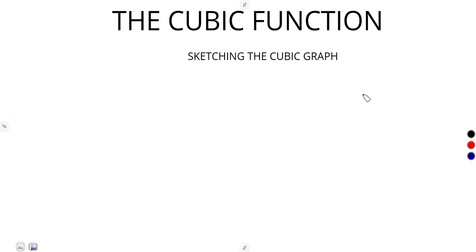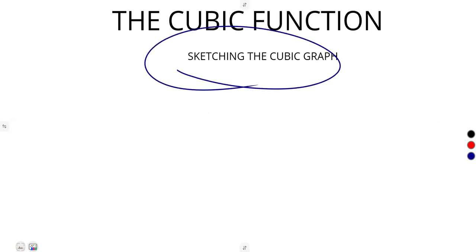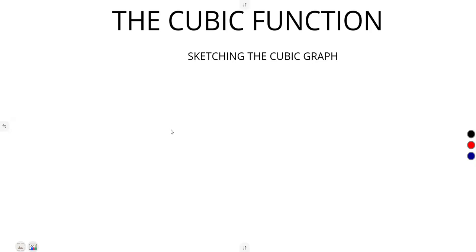That's another application, from when we had our cubic polynomials, remember from our previous classes. Those two applications, we are going to try by all means to apply them in the sketching of the cubic graph. That's the cubic function.